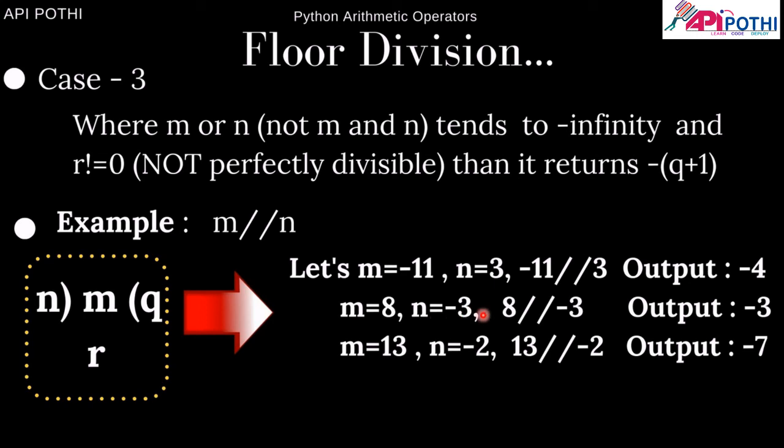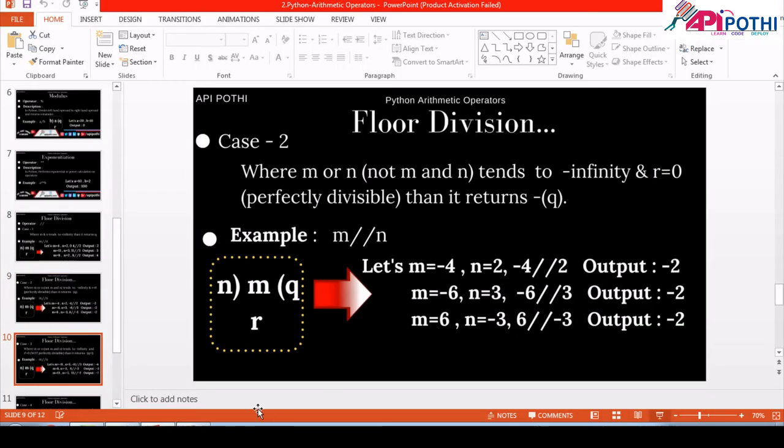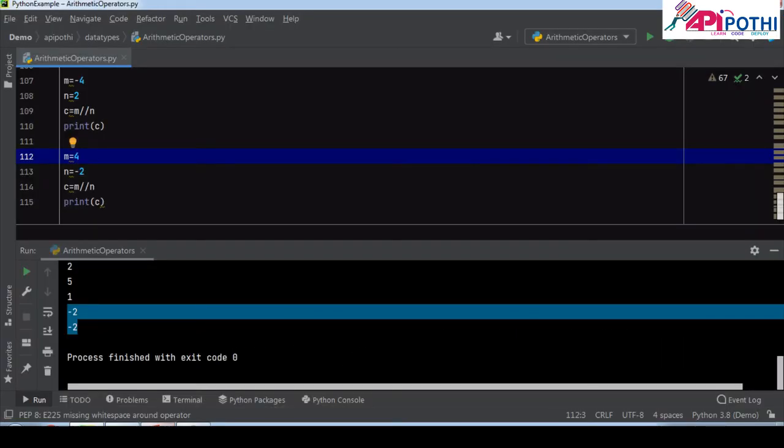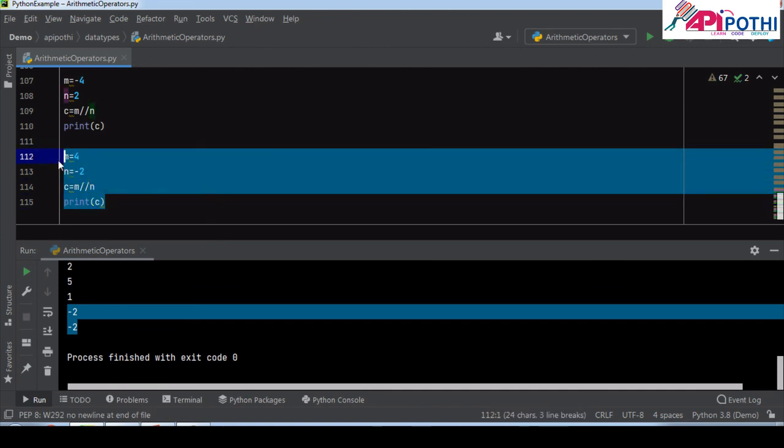So minus 3 plus 1, that is minus 2. Same way, 13 divided by minus 2: it will take 6, 6 into 2 is 12. So minus 6 plus 1 gives minus 7. So the third case is that either m or n is negative but not perfectly divisible.